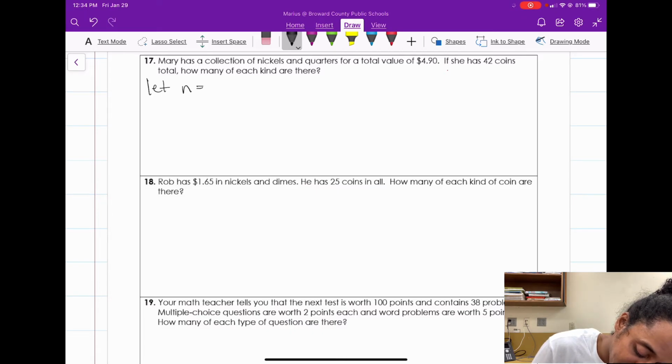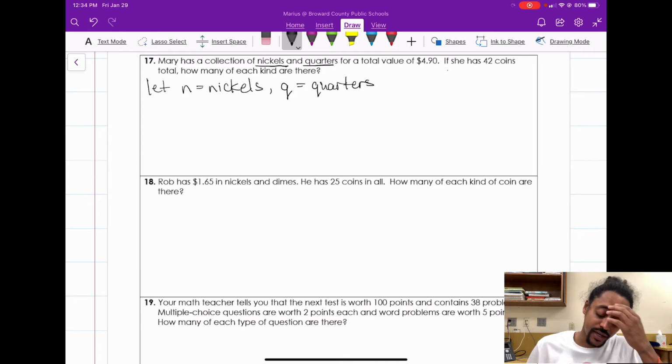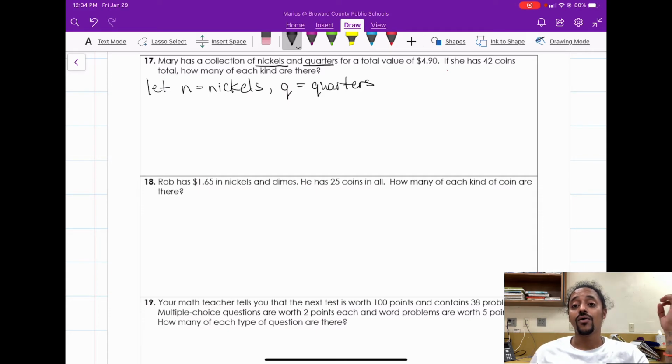Let N represent nickels, right? And Q represent quarters. Now that we've done that, let's figure out what our equations should say. One of them is going to be based on the total number of coins, and the other one is going to be based on the total cost.